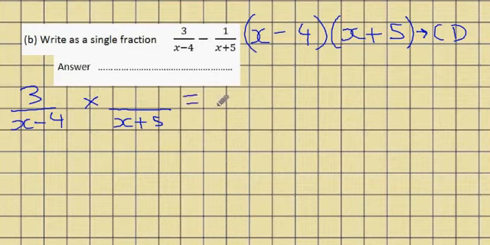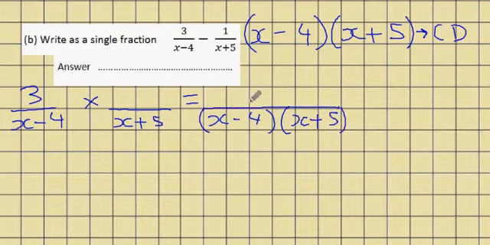So that's going to be equal to, as I said, the common denominator, x minus 4 times x plus 5. The numerator, the top part: if we multiplied the denominator, x minus 4, by x plus 5, to keep the fraction equal, we need to multiply the top part by x plus 5 as well. So it's going to be 3 times x plus 5.